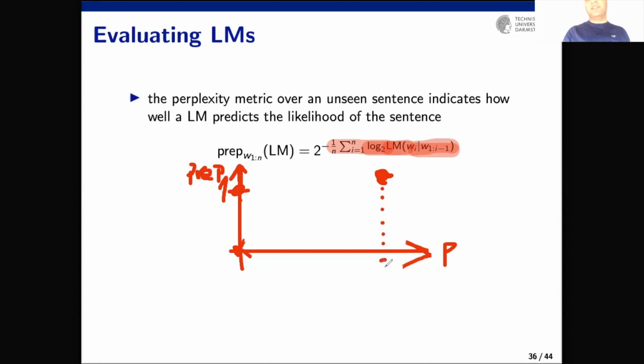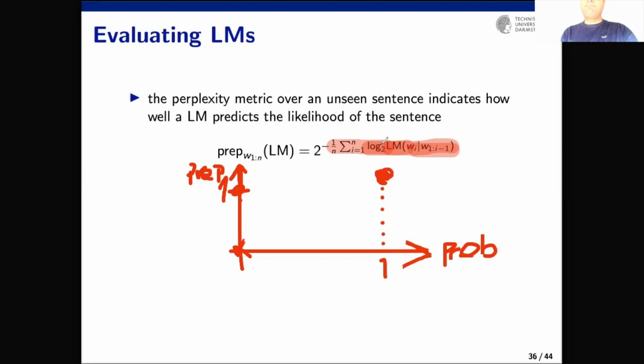And this is what we discussed. So if the language model returns 1, then the log of 1 is 0, right? So then this sum, this average is 0, and 2 to the power of 0 is 1. So we are here, right?